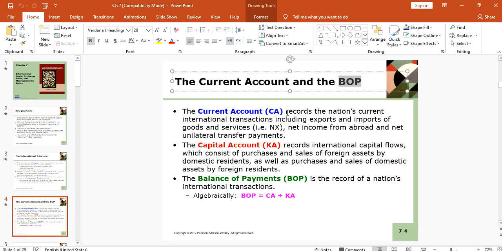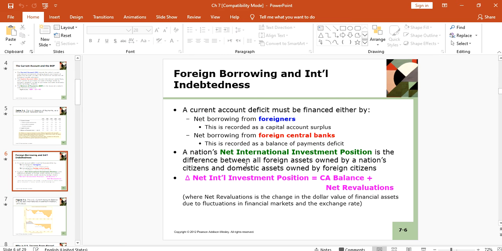Okay, so the sum of these two accounts constitutes the balance of payment, which is very, very important. Here we are talking about the debt, which is net borrowing or indebtedness.